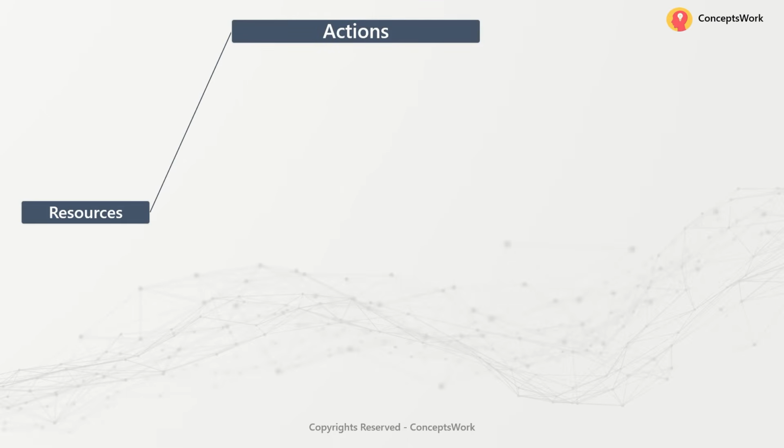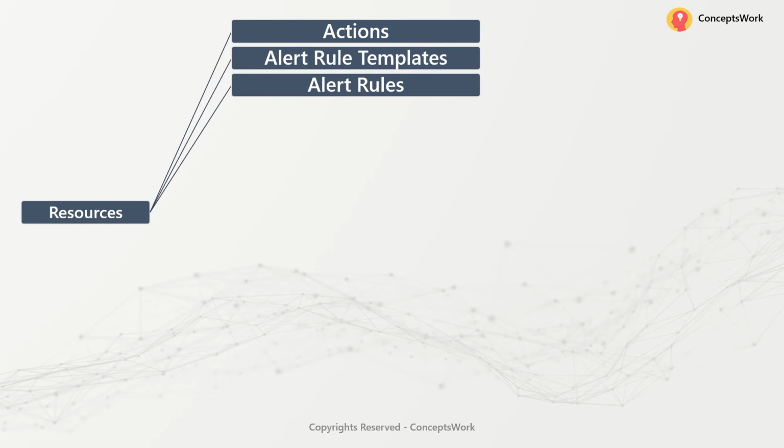The very first one is action, which is basically a trigger for a playbook whenever a specific alert rule is triggered. Then you have alert rule template, the list of all the rules which are available in Content Hub. Then you have alert rules, which is basically the list of all the active rules that exist for your instance. It can be enabled or disabled. Then the list of automation rules which exist in your environment, and bookmarks.